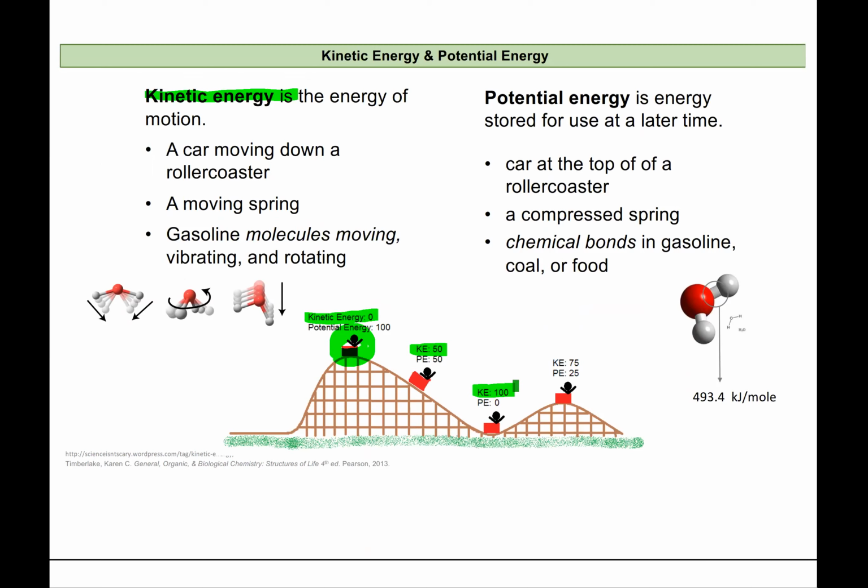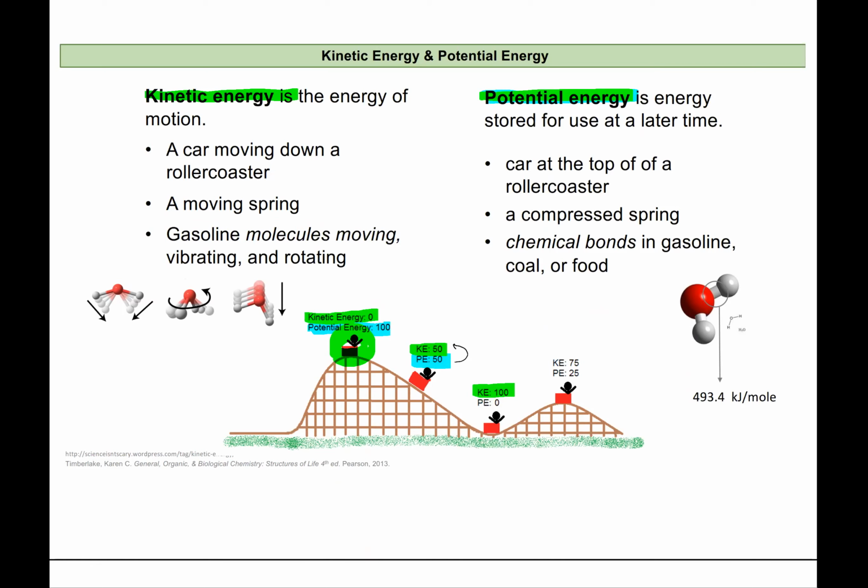Now, potential energy, that stored energy, is when you're at the top of the roller coaster, that pause. That's when you have all of your potential energy. Then as you go down the roller coaster, that potential energy is decreasing.